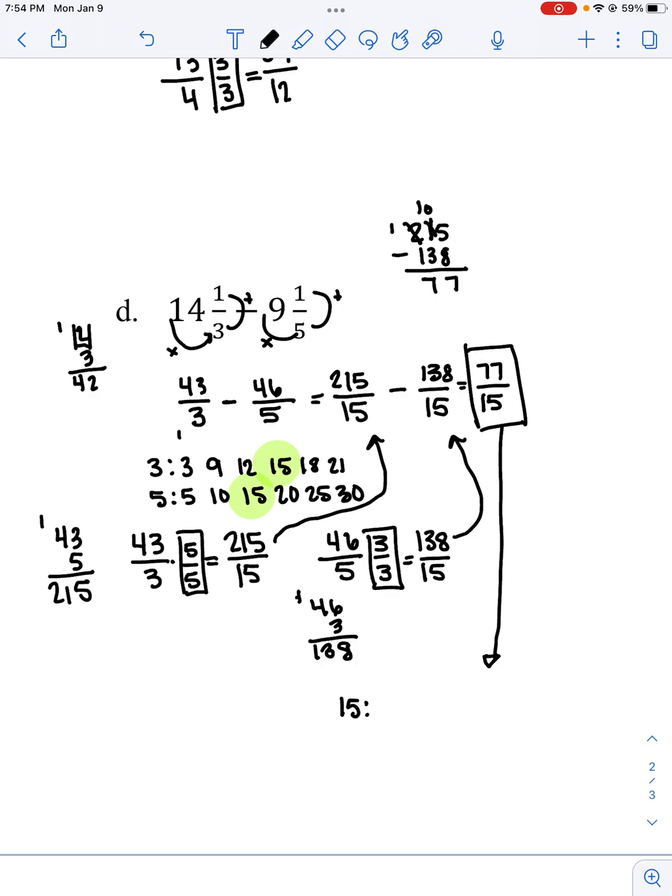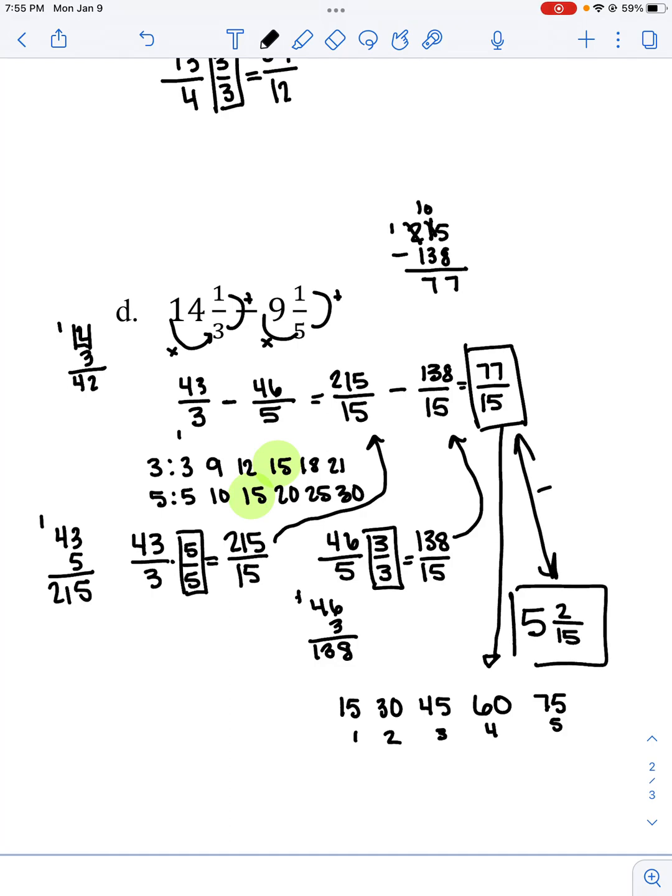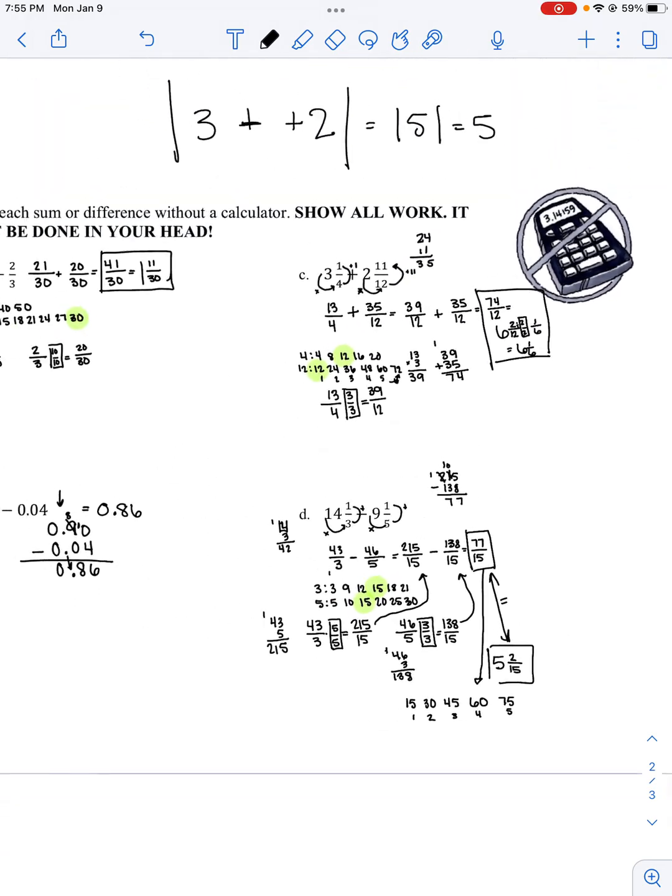So my first number is 15. Then 30, 45. 45 plus 15, 60. 60 plus 15 is 75. So it goes in 5 times with 2 left over. Those are equal to each other.